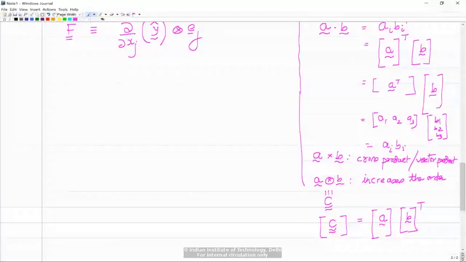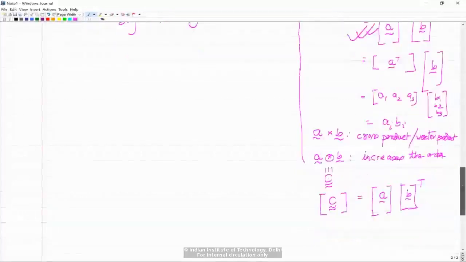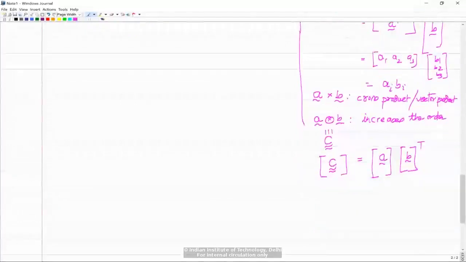You see, in the dot product the first one was transposed, but here in the tensor product the second one is transposed. It's only then that you can get a matrix from here, no?